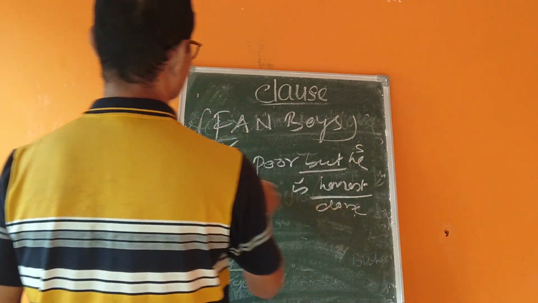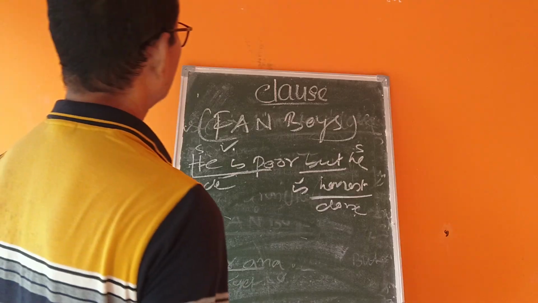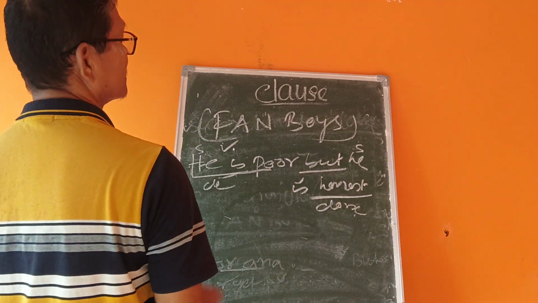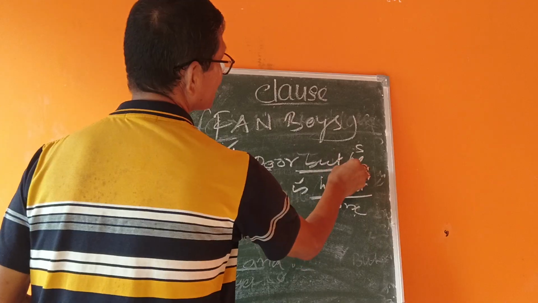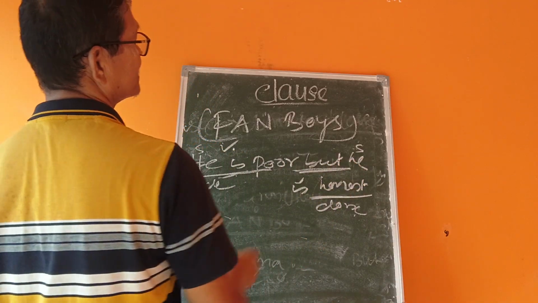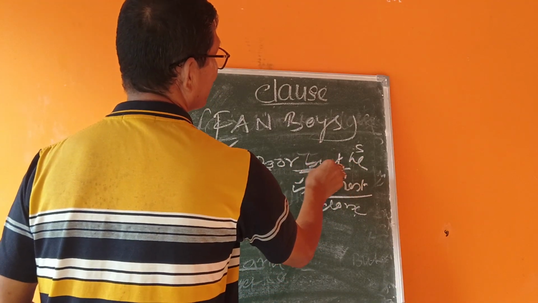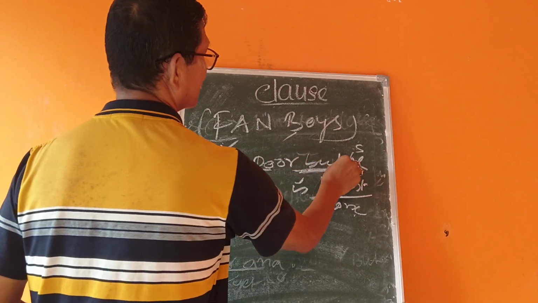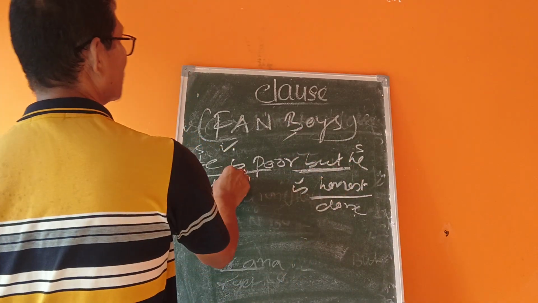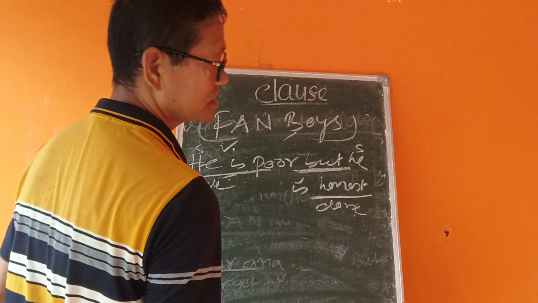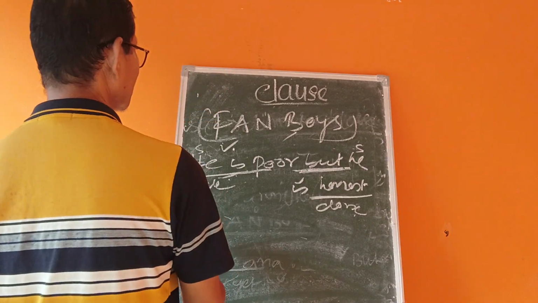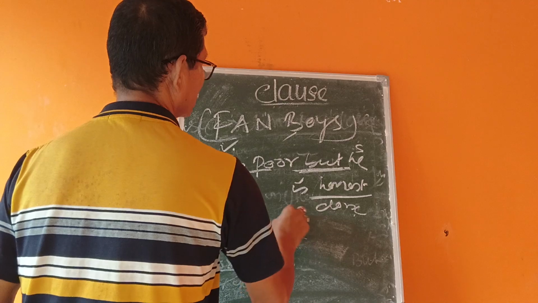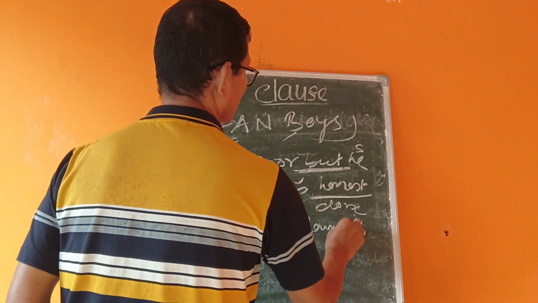There are two clauses, and the first clause is he is poor. But it is introduced by the conjunction but, isn't it? Because there is the conjunction but, it is not a subordinate clause, nor is it a principal clause. It is a coordinate clause, isn't it?